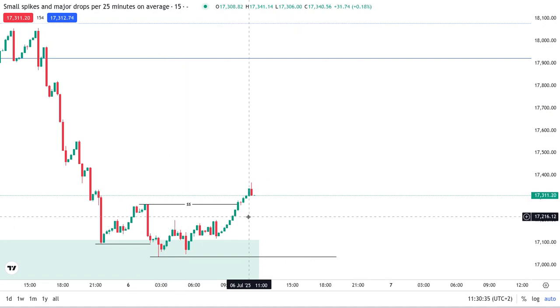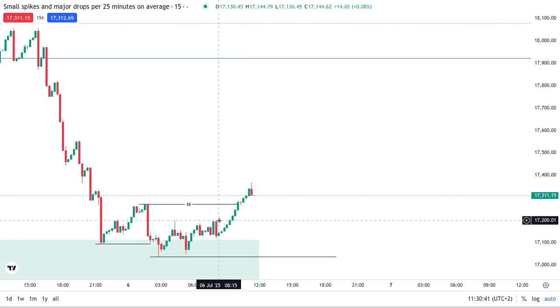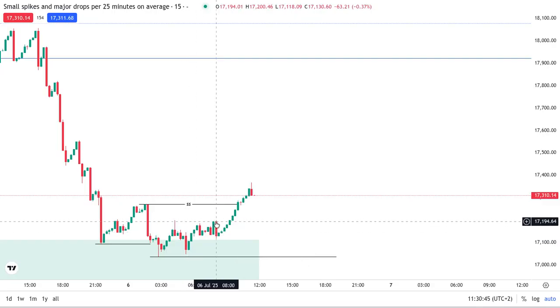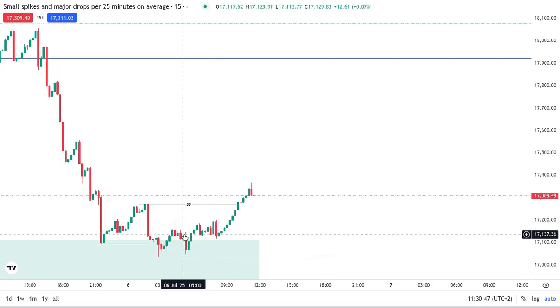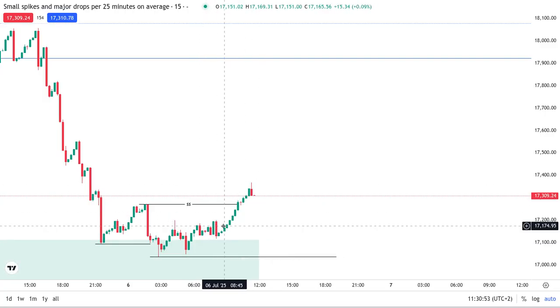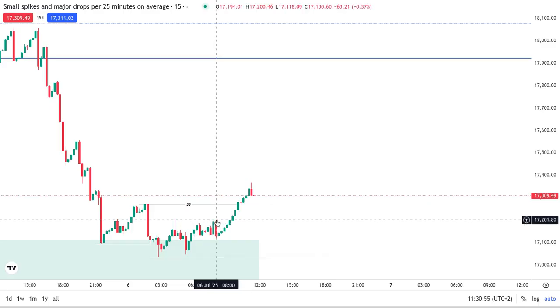We have our structure shift there. A level that led to this structure shift is right there. So we have two levels. We have this one and this one. This one we're not going to use because price went above and then used it, then went higher. So we're going to use this level.